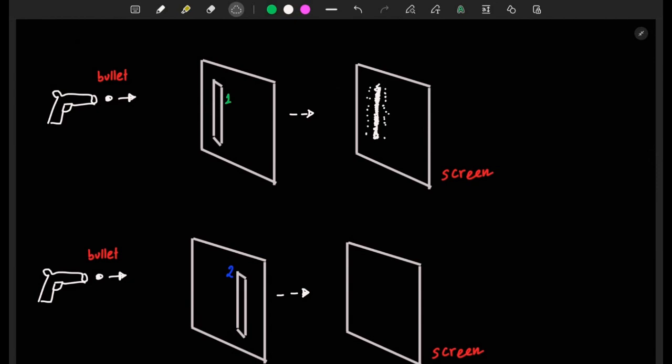Now let's do a modification, and see what happens if we move the slit position from here to down there, to the right of our block. You fire the bullets again, and most of the bullets that get through the block will pass through the slit.